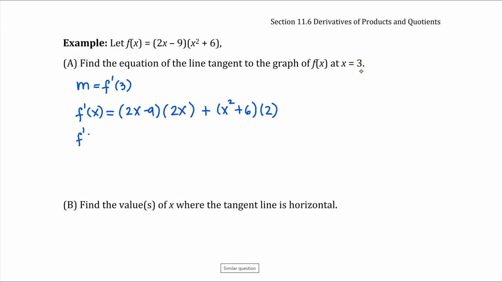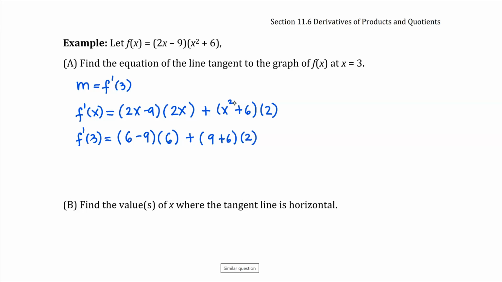So f prime at 3 is equal to 2 times 3 is 6, 6 minus 9, times 2 times 3, you plug in 3 to x, so that is 6, plus x squared, that means 3 squared, that's 9, plus 6, times 2.